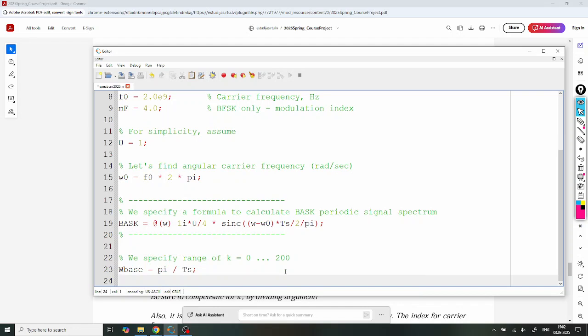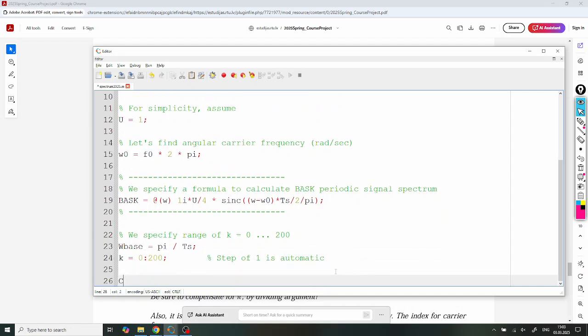Then we specify range k from 0 to 200. That is starting point, ending point. Since this is an integer number, it has to go with a step of 1, which is automatic. And we don't need to change that. Then we can calculate spectrum component Ck as BASK of k multiplied by omega base.